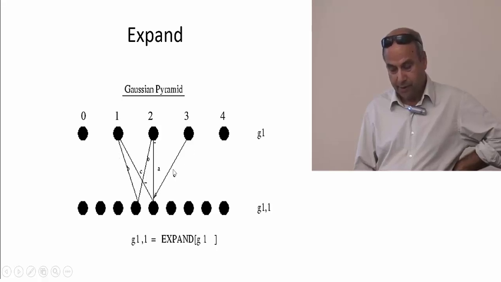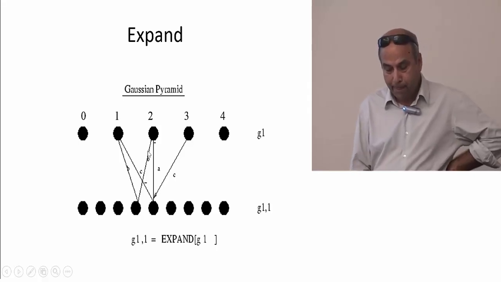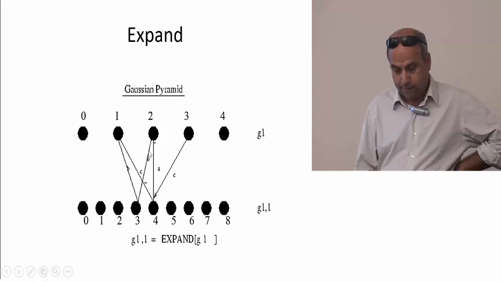So this is C, this is C and B, and when it's a 4, we have to use the 1, 2, and 3.